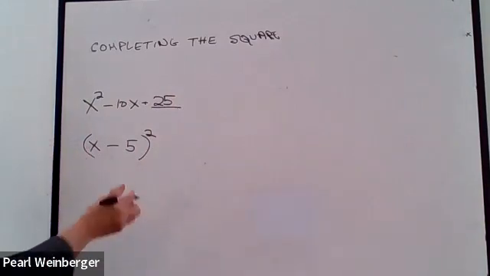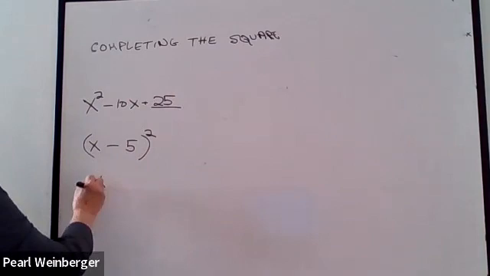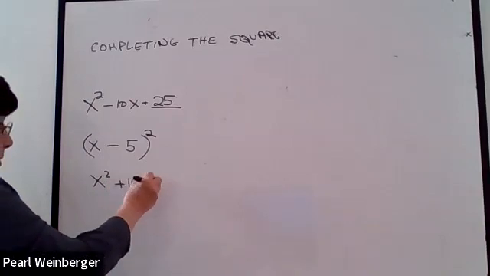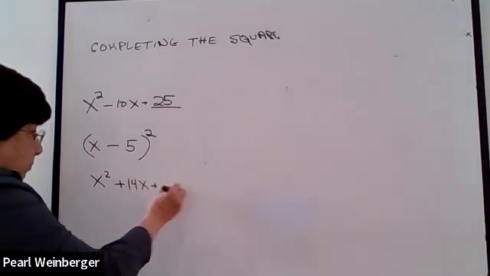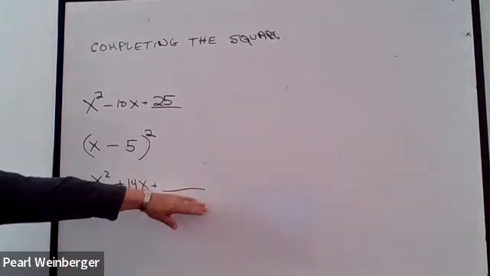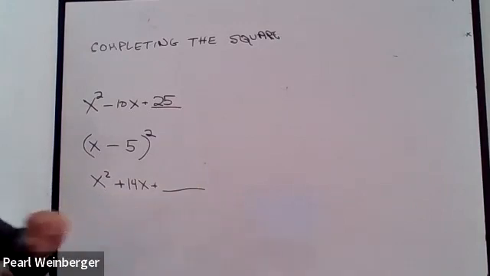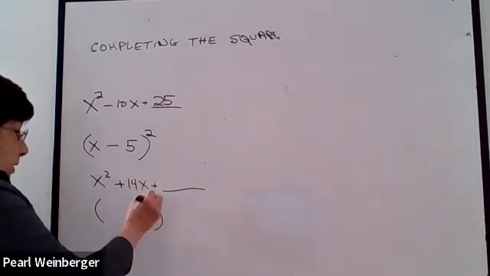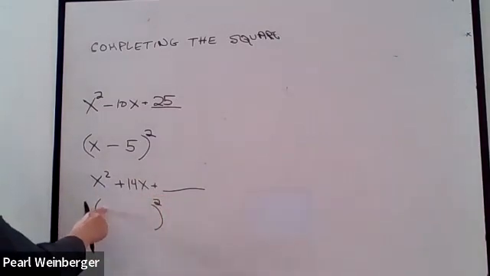Let me do another one. Suppose I have x squared plus 14x plus blank. Again, I'm giving you two terms of the trinomial. I want it to be a perfect square. Let's remember what the perfect square binomial is going to be. Obviously, the first term is going to be x.